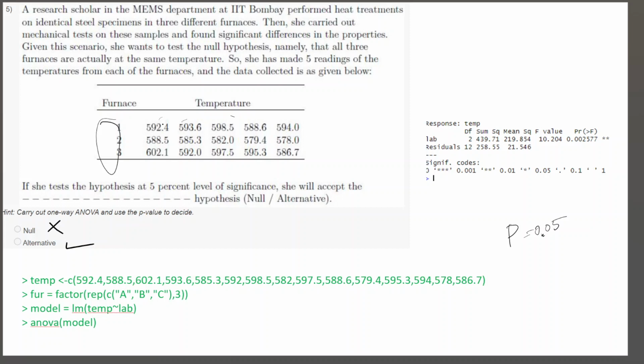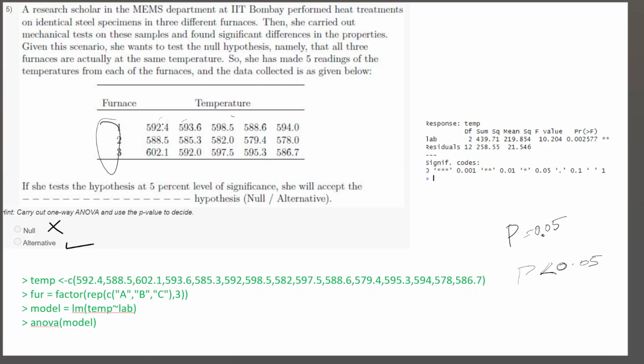The p-value we have got is less than 0.05, which means the null hypothesis fails. The null hypothesis is that there is no variation in the temperature, and that is invalid because the value is less than the significance level.